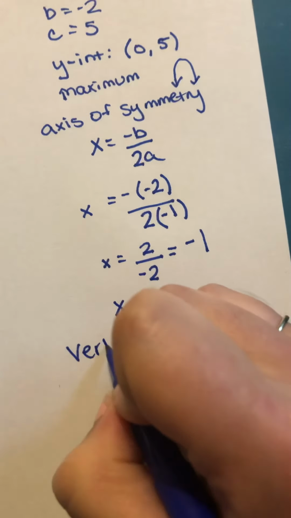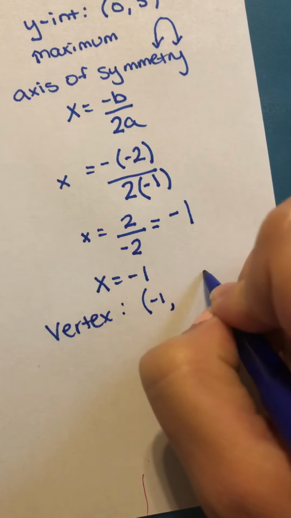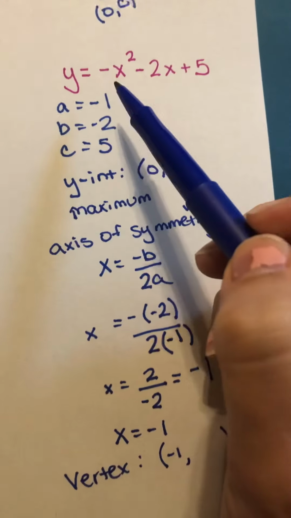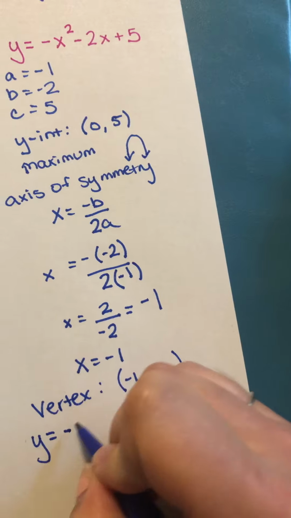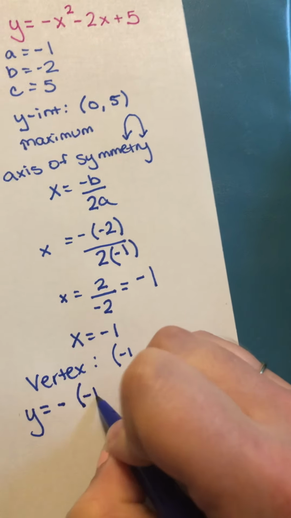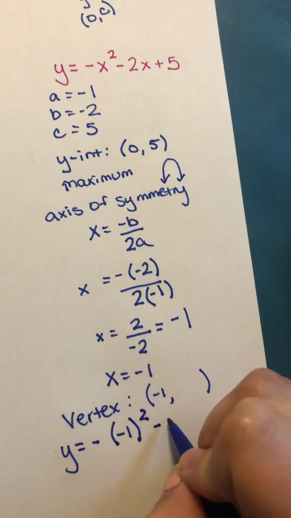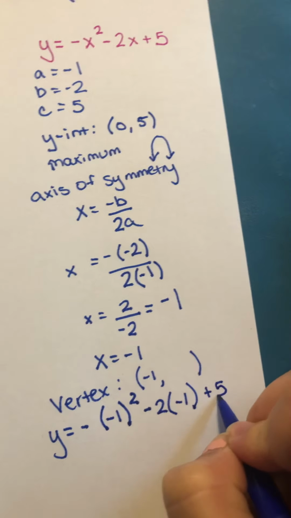And now we can go ahead and complete our vertex. We know that the x is negative 1, and we need to find the y value. So we can substitute this x value in the place of every x in the equation. So y equals, instead of x, we're going to replace it with negative 1 squared, minus 2 times negative 1, plus 5.